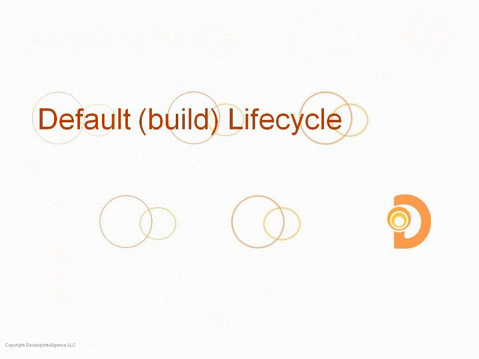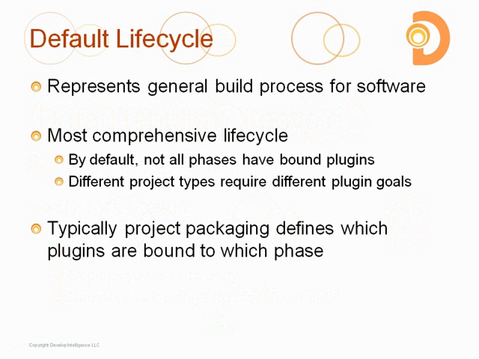So the next life cycle is the default life cycle, and just like in Ant, maybe I don't want to type ant compile or ant test, or in this case maybe I don't want to type Maven compile or Maven test or whatever. I can define what the default lifecycle phase is that's executed on my behalf when I just type Maven.